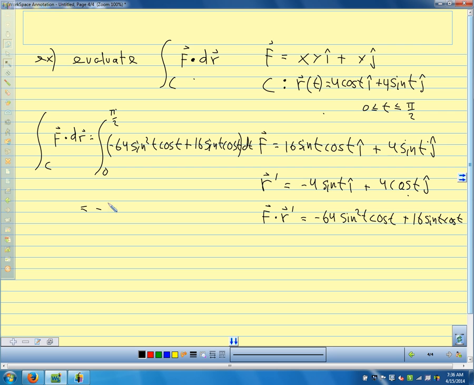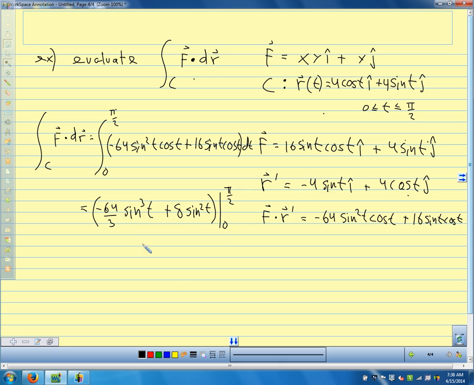So this is minus 64 thirds sine cubed t plus 8 sine squared t, evaluated from 0 to pi over 2.